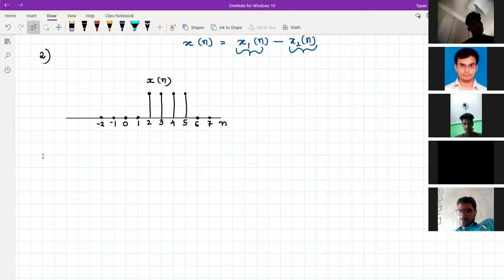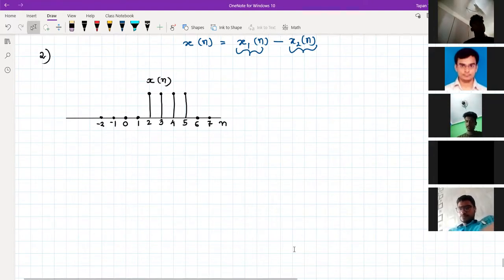Faiz, you are supposed to solve this problem, right? Yes, sir, I'm doing. Have you done it? No, sir. Okay. So please try to finish it.